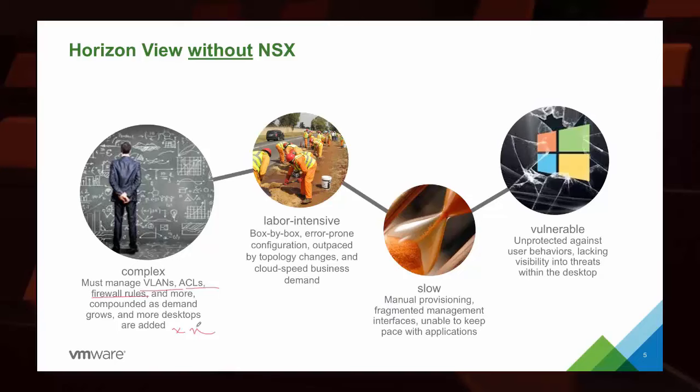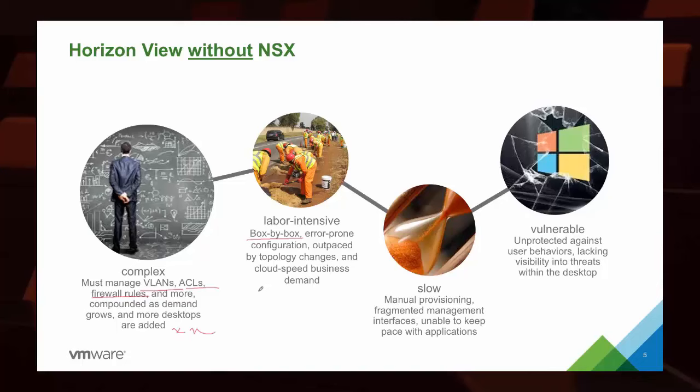So as people are requesting more, more machines are being provisioned, and more networks have to be provisioned to support it. And this is really labor intensive, because as it grows, it's going to be growing box by box, and the networking teams are going to have to configure every single physical top of rack and all of the porting and all of the firewalls and all of the VLANs and ACLs.